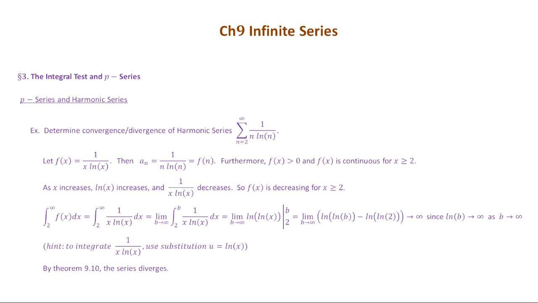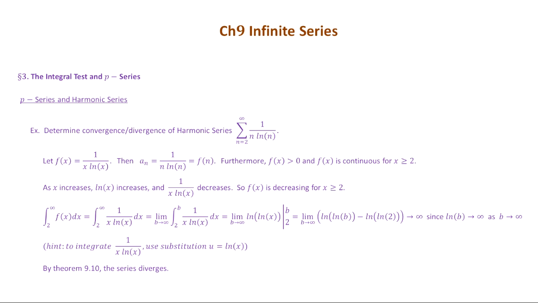You use the substitution u equal to ln x as we did before, and it's not hard if you check it. So I strongly suggest you do this by yourself. What you're going to get is natural log of ln x if you use the substitution to do the integral. Then you plug in b and 2 and subtract and then take the limit.